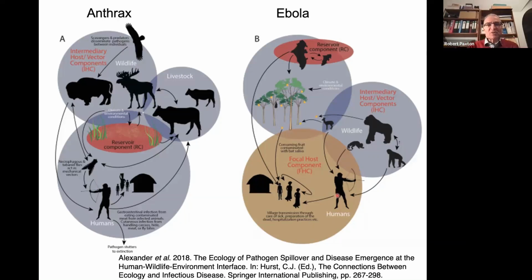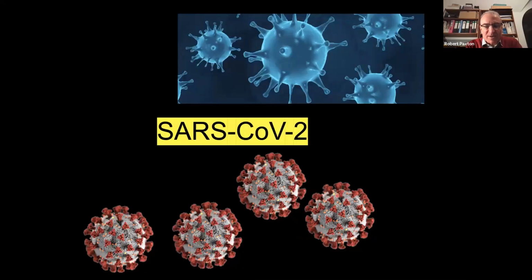So pathogen spillover is the movement of a pathogen from what's considered its reservoir host, the host in which it's found commonly, to a second or another host species in which it hasn't or is rarely found. I think for us humans, SARS-CoV-2 is a wonderful example.